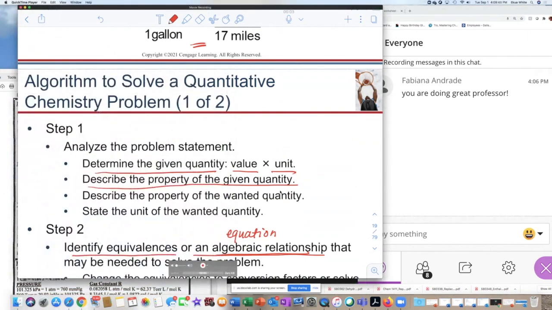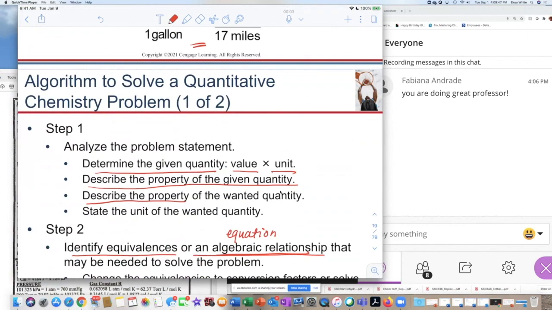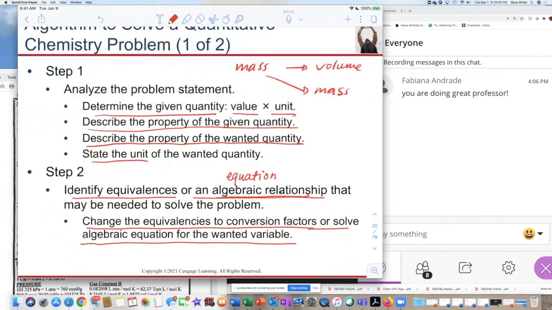Once you figure that out, describe the property of the wanted quantity. What are you looking for? Are you going from mass to volume, or are you going from mass to mass? Because the approach you choose depends on the goal, where you're heading, right? And then state the unit of the wanted quantity.